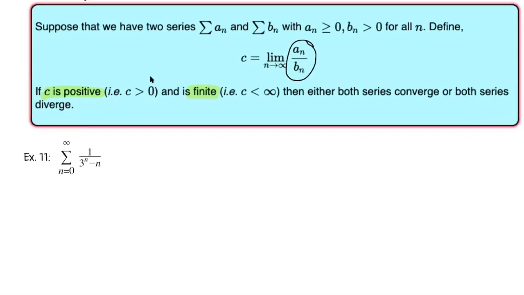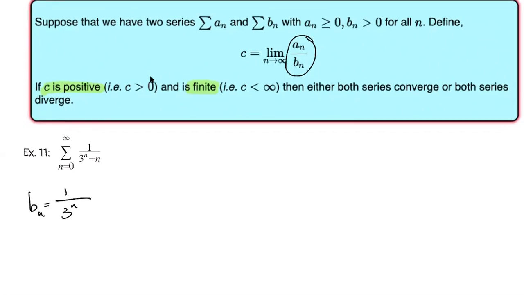So what would be a good b sub n to compare this series to? 1 over 3 to the n power. 1 over 3 to the n. Yeah, because when we go to infinity, that minus whatever number is going to matter less, but that 3 to the n is going to be so much more powerful. Okay.